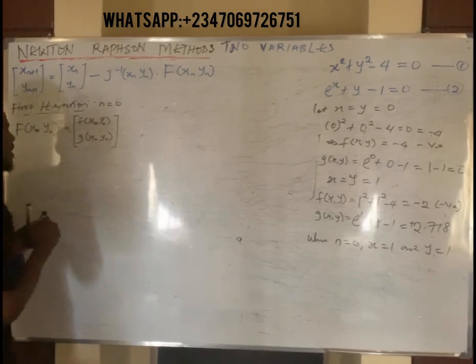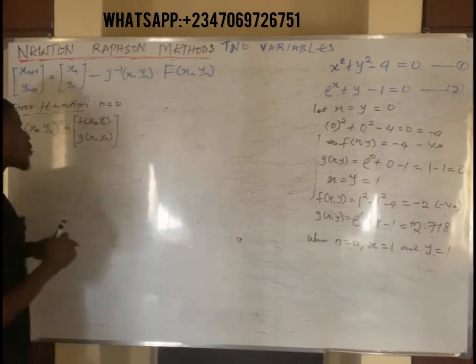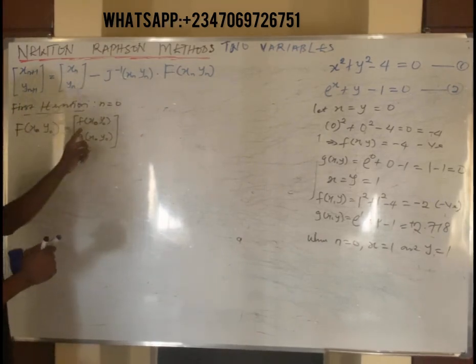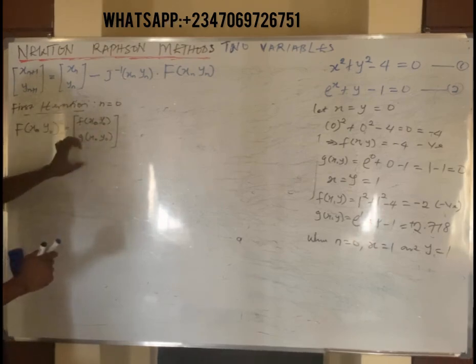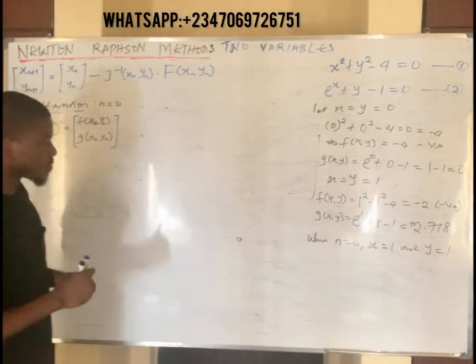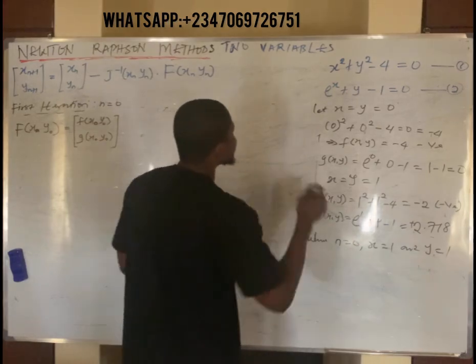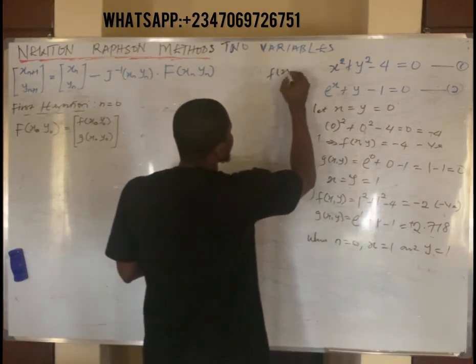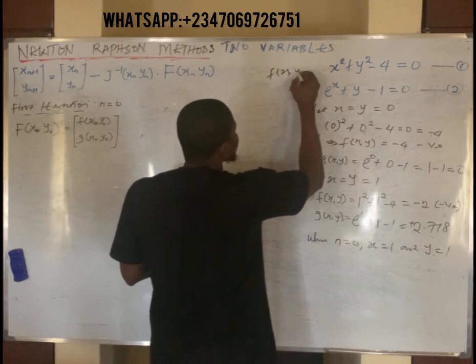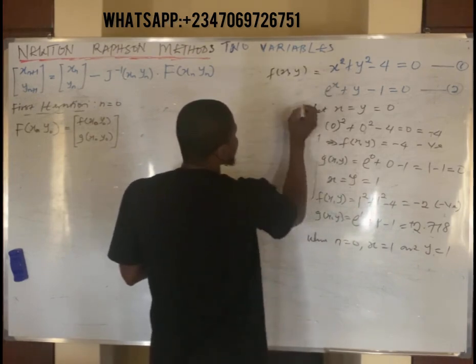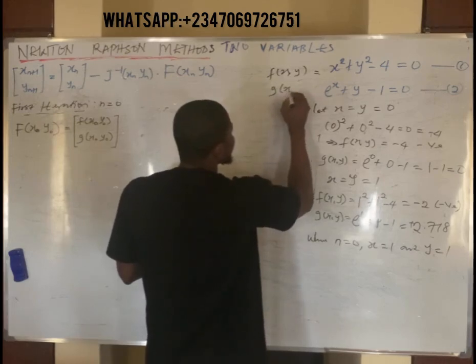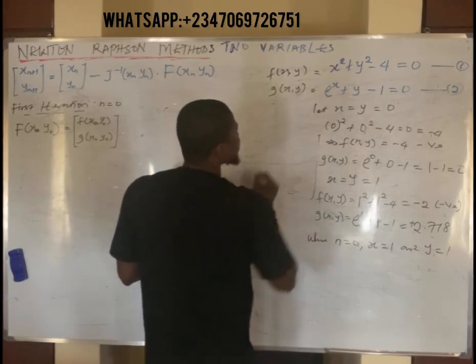Okay, so let us find this matrix. This simply means we should find the value of the function at x naught and y naught, for the first equation and second equation. So we can simply do that here. Remember, I said the first equation simply means f of x y equal to this, and the second equation is simply g of x y, which is equal to this.